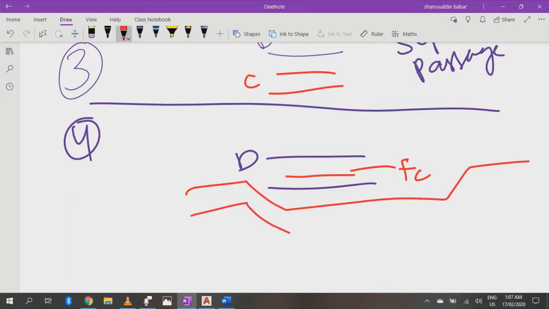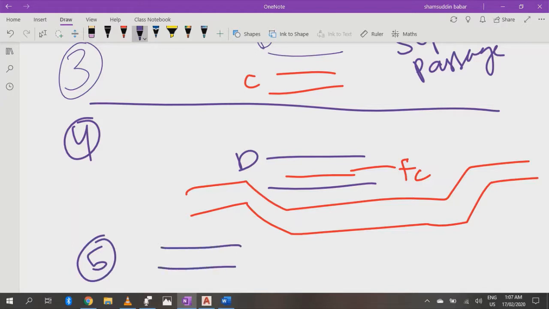Else the canal will be constructed like this. It's quite simple. In the fifth case, the drainage and the canal are at the same level. So a level crossing will be provided. So this is the selection of the type of cross drainage structure.